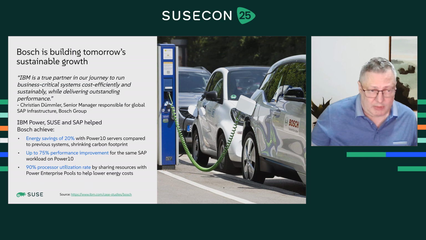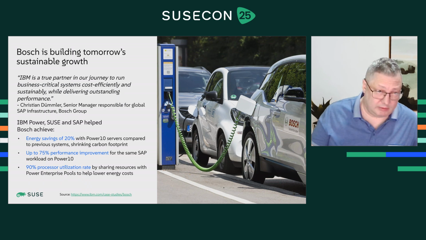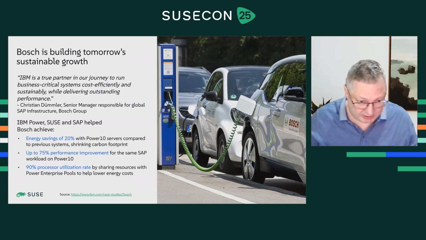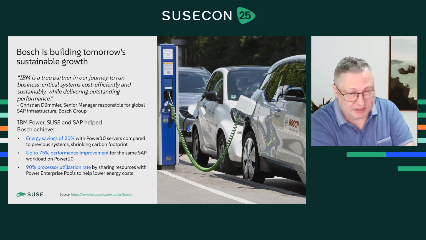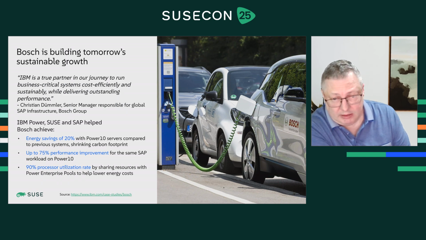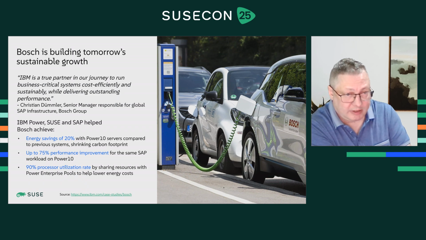And they are running IBM Power for their SAP HANA databases. They are running SUSE products, including SUSE Linux Enterprise Server for SAP. And one thing about Bosch is they're carbon neutral. They have been carbon neutral for 5 years.